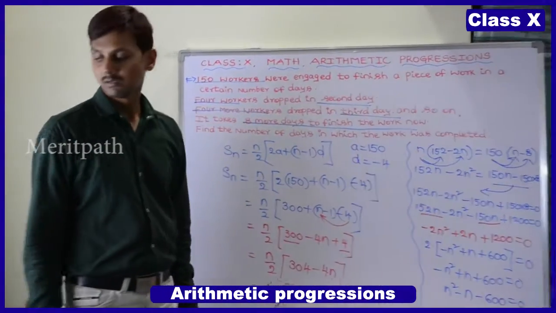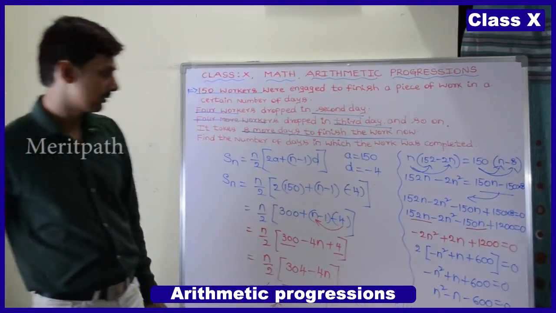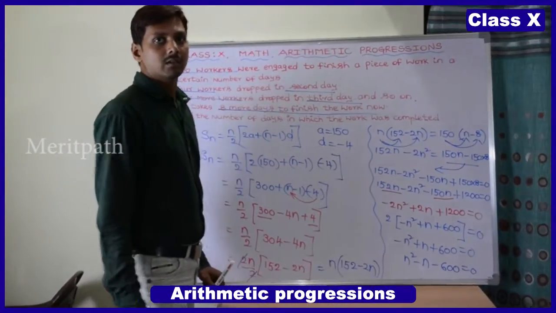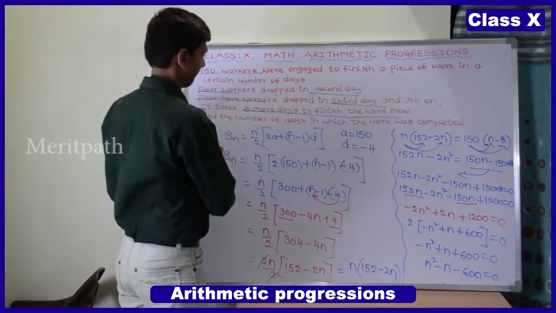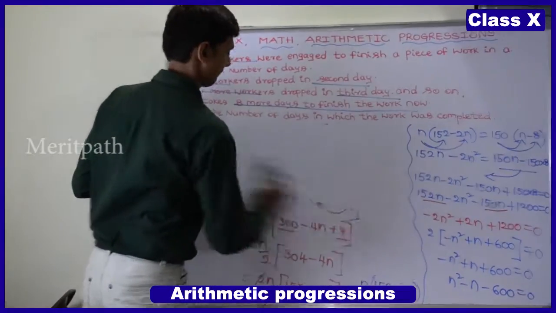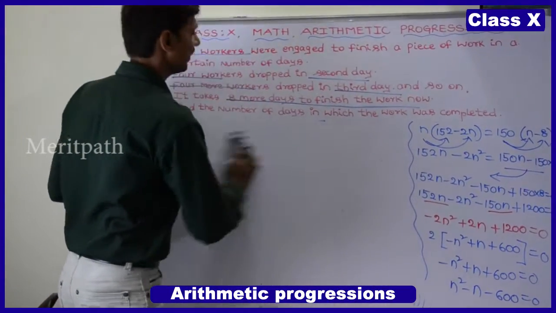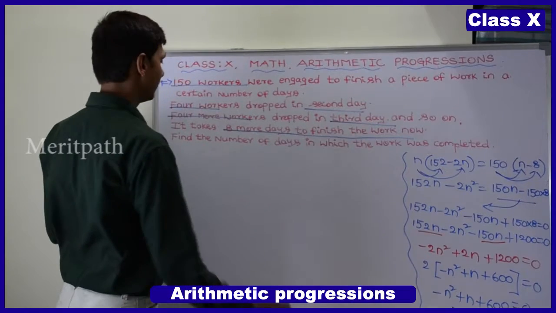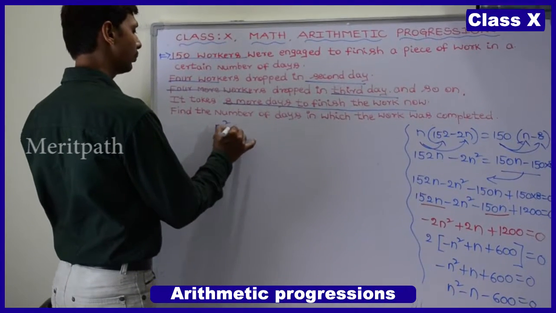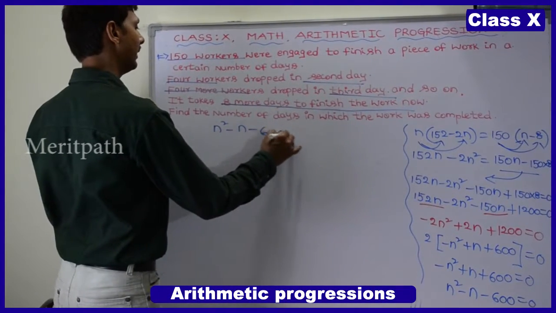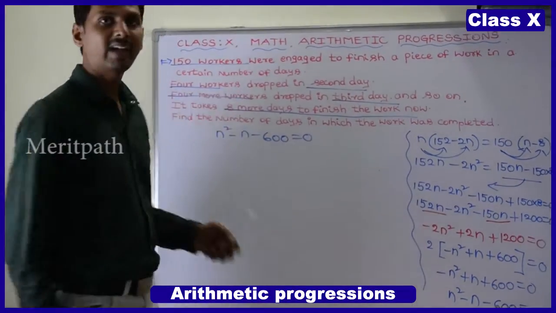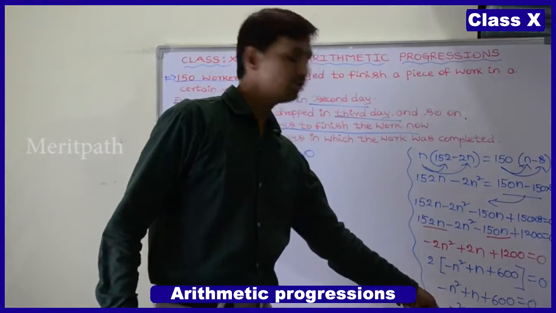So let us factorize this. To find out the value of n, let us factorize this value. N square minus n minus 600 equals to 0. Let us factorize this, then we'll be getting the value of n.